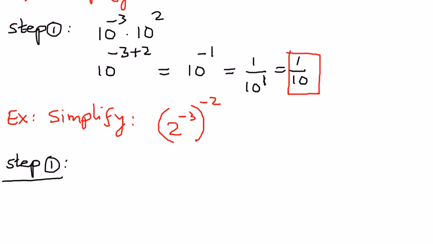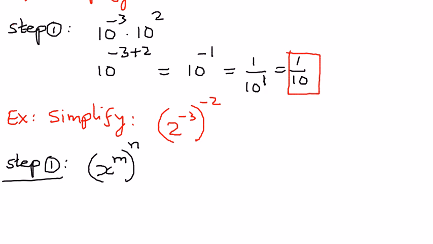First, we want to recognize which rule we want to use. This is in the form of x to the power of m, this whole thing raised to the power of n, isn't it? In here, instead of x we have 2, for m we have negative 3, and for n we have negative 2.